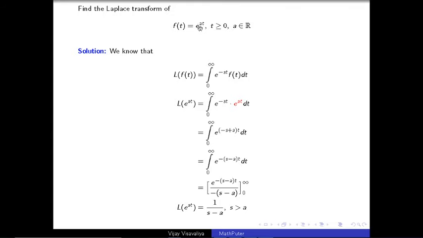When a is equal to 0, e raised to 0 is 1, and we know that the Laplace transform of 1 is 1 upon s. So when s is less than a, the Laplace transform does not exist. S equal to a is a very obvious case, and for s greater than a, the Laplace transform of e raised to at is 1 upon s minus a.